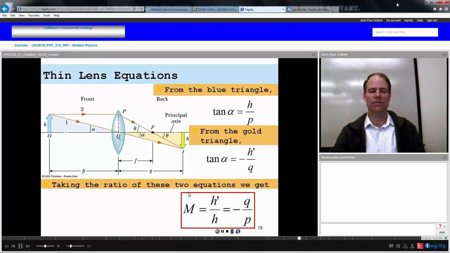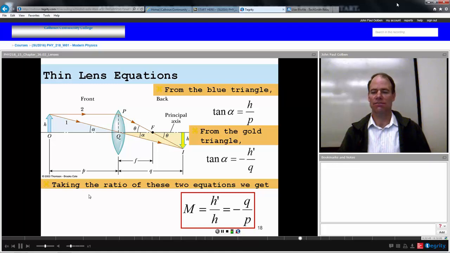Taking the ratio of these two, with a slight manipulation, we get that the magnification is the image height over the object height, h prime over h, and that's equal to negative q over p. And in this particular case, p is positive because it's on the side of the incoming rays, and q is positive because it's on the side of the outgoing rays. So the magnification is negative, it's inverted, and that's what we expect.